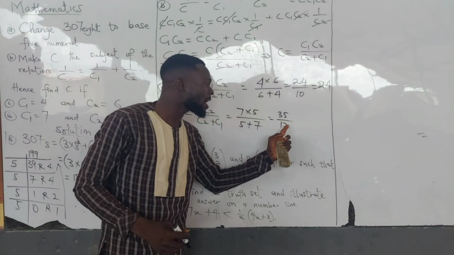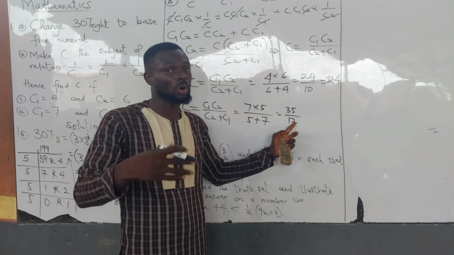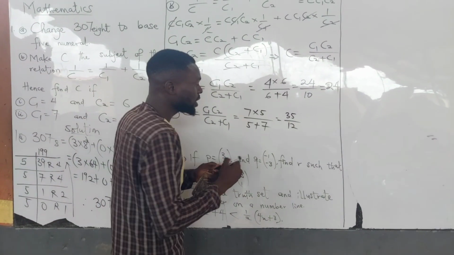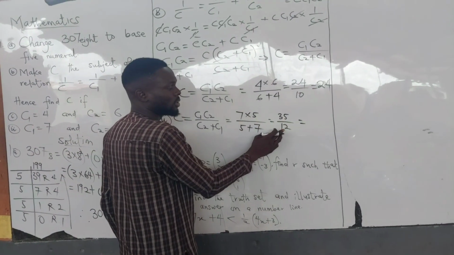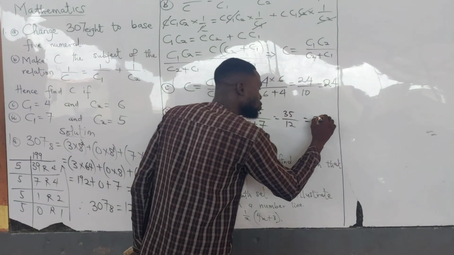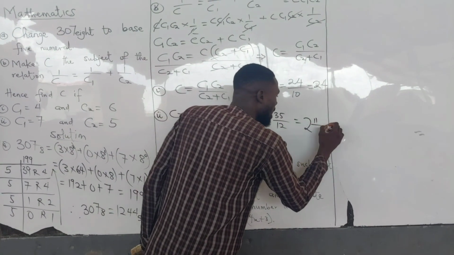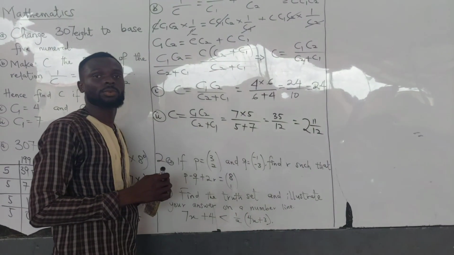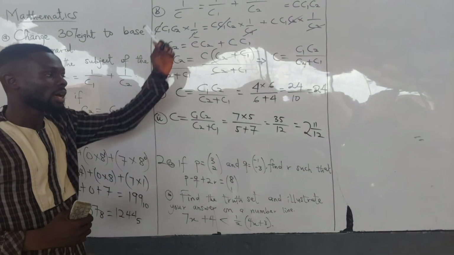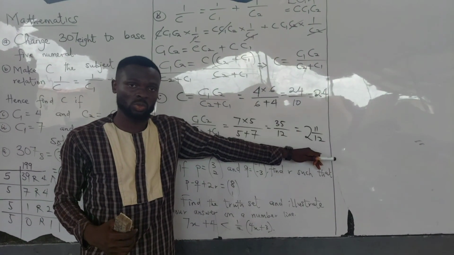Now, 35 over 12 is an improper fraction. So you change it to a mixed fraction, or you can change it to decimal. So here, I can say 12 will go into 35 2 times. And there will be a remainder of 11 out of 12. And this is 2 whole number, 11 over 12.